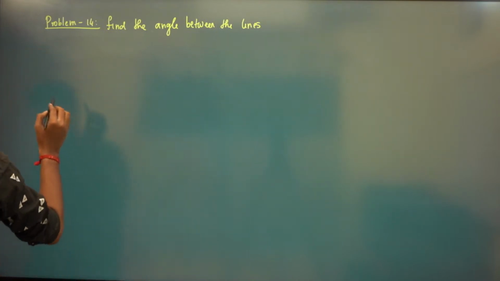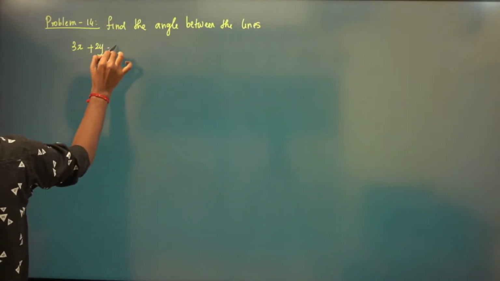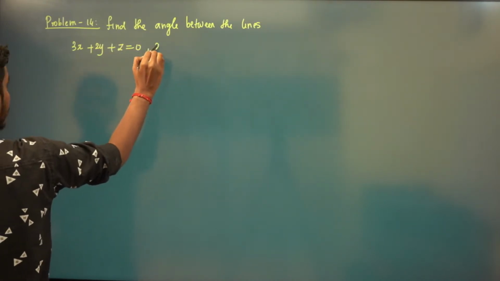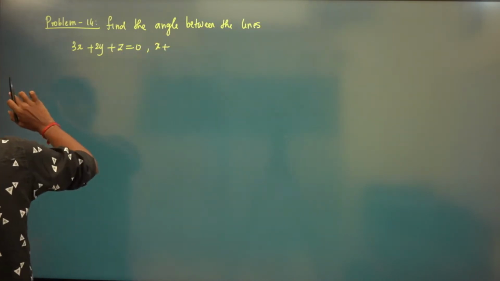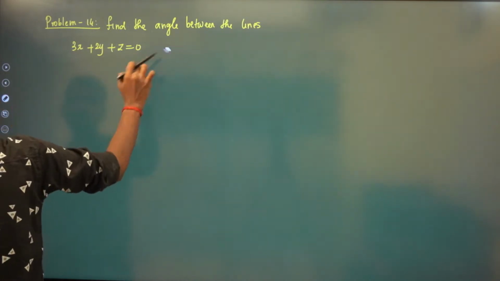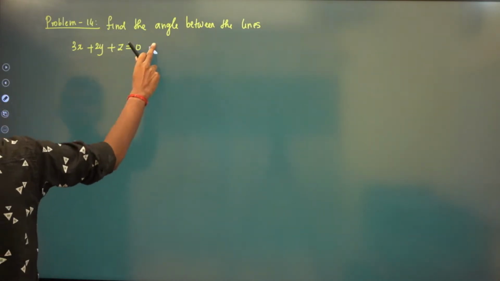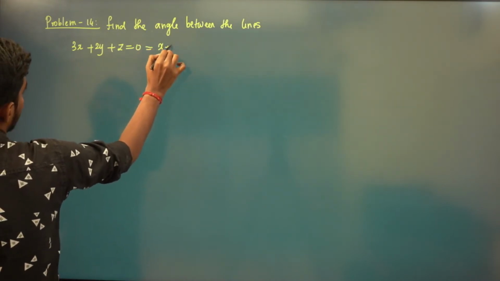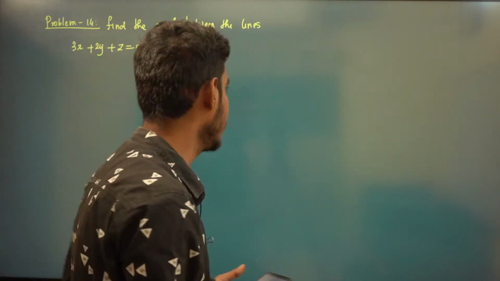Find the angle between the lines. So they are given two equations in general form. 3x plus 2y plus z is equal to 0, and x plus y minus 2z is equal to 0. See, they can also give it like this. Instead of separating by comma, they can also give it like this, right?